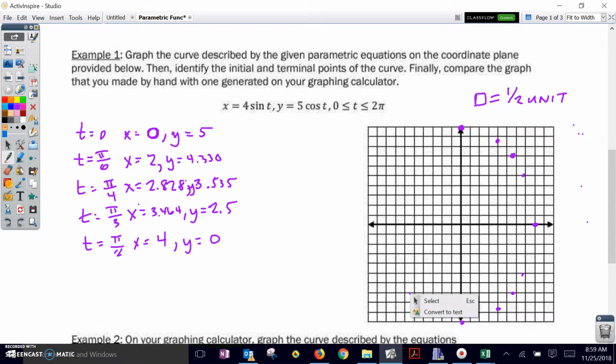Try and get pretty close here. Missed by a little bit on that one. And I continue to do that until I get to 2 pi, and at 2 pi I'm back where I started. And now I'm just going to create this curve.